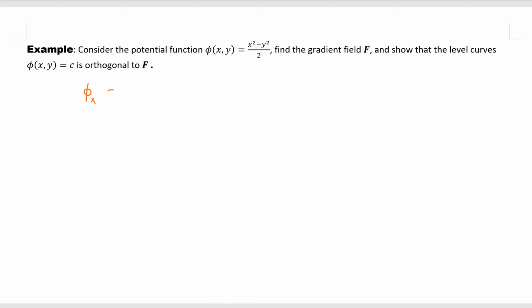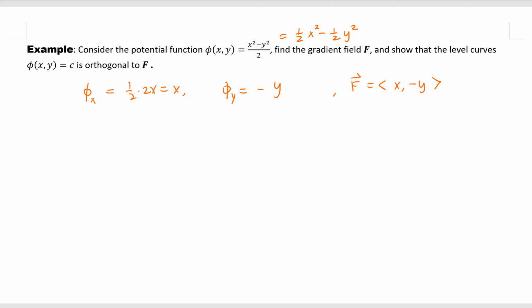Let's simplify it. This is 1/2 x squared minus 1/2 y squared, right? To take the derivative with respect to x, we have 1/2 times 2x. This is just x. And then, well, this is just minus y. So far, so good, everybody. So this guy is x minus y. So far, so good, everybody.